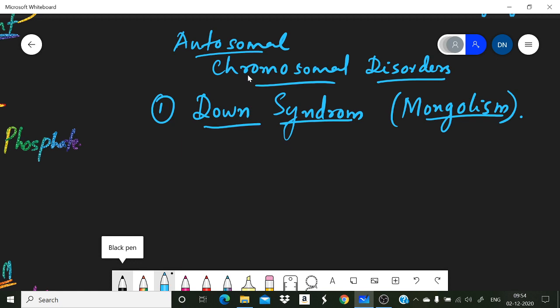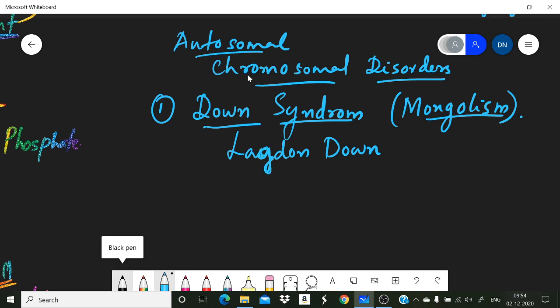Down syndrome was discovered by a physiologist and geneticist. His name is Langdon Down. It is there in your textbook. Down syndrome, Langdon Down.